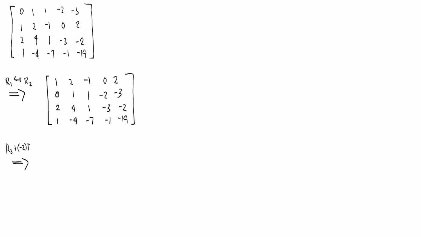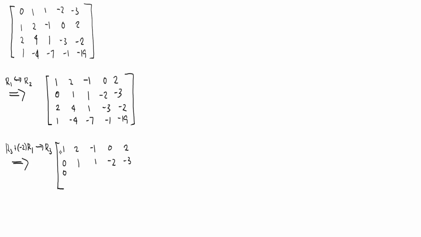Again, we multiply the first row by negative 2, and then add to the third row to produce the new third row. So we copy rows 1 and 2 and then 4. Times negative 2 plus 2, so that's 0.